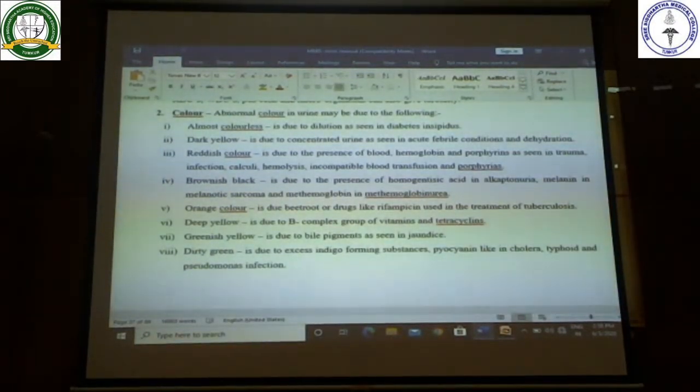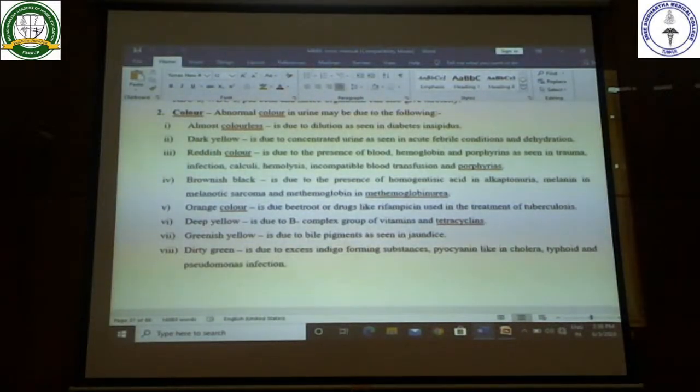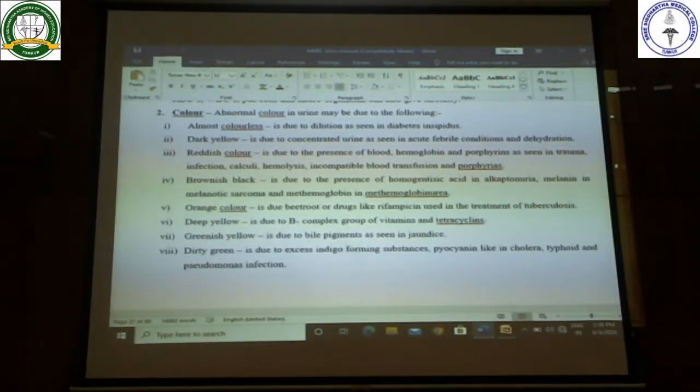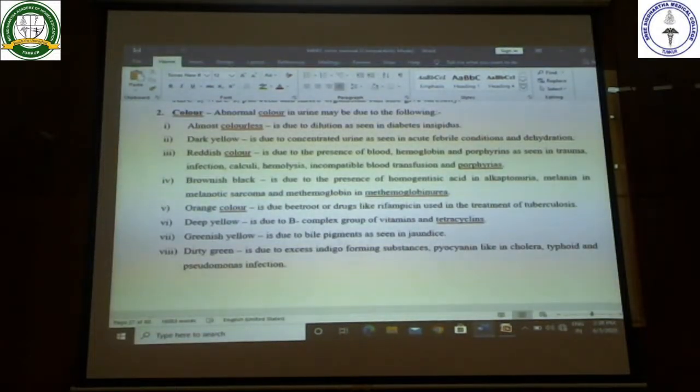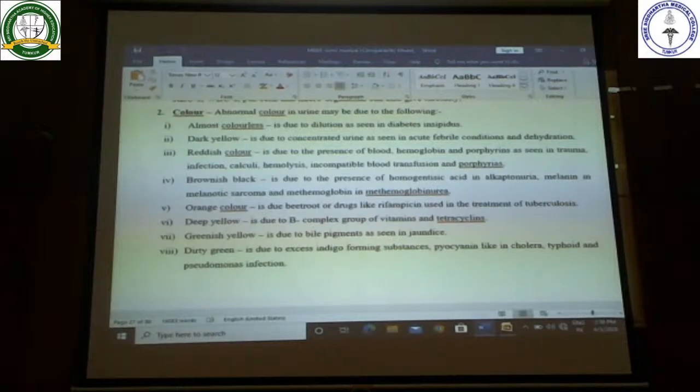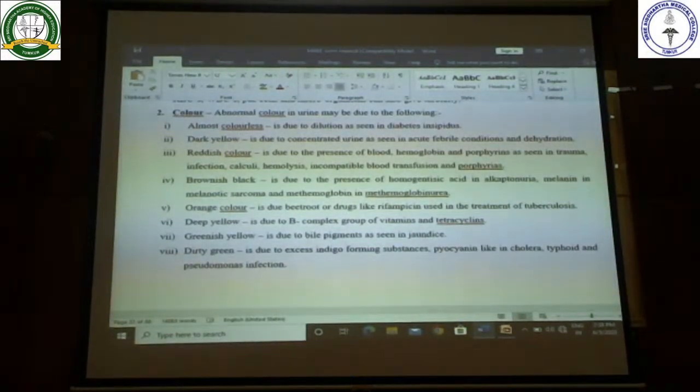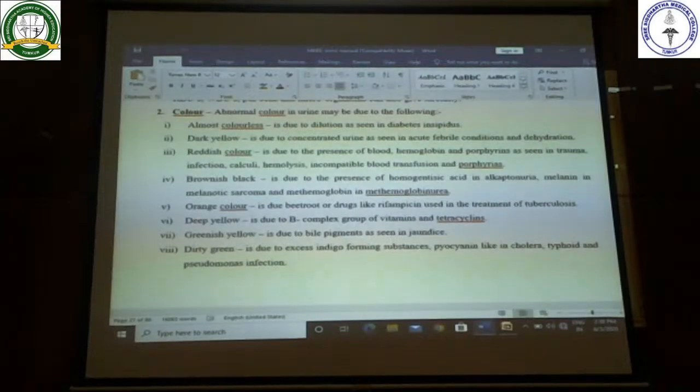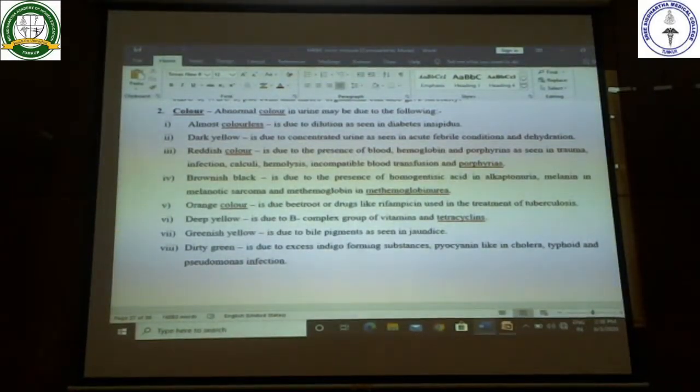Calculi are stones anywhere in the renal excretory system, either in the renal pelvis, ureters, or urinary bladder. As the stone passes down, sometimes it can cut through the mucosa, and then there will be blood drops in the urine.